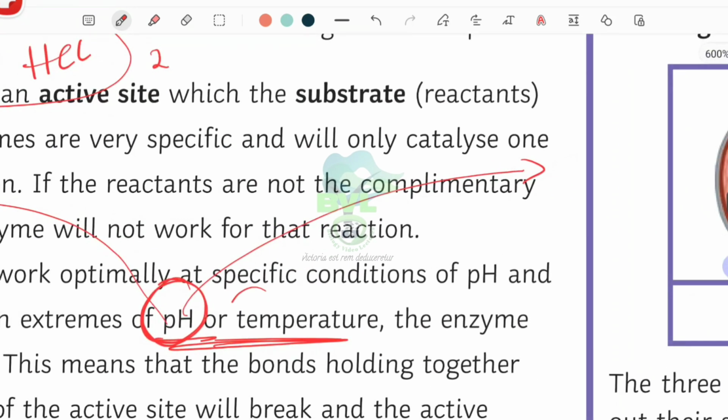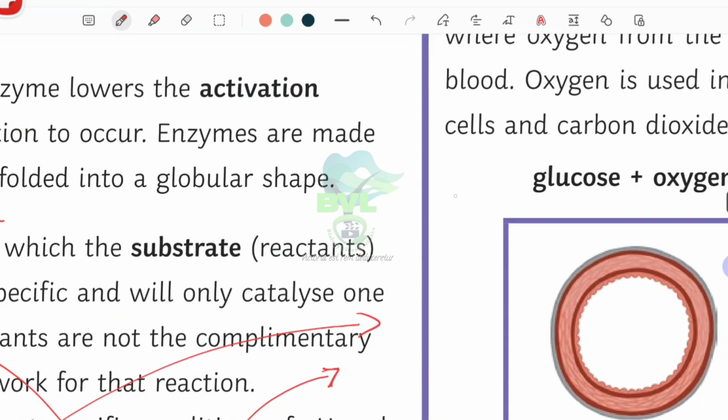Now, on the other hand, temperature: when the temperature is too high, the enzyme becomes denatured. When the temperature is too low, the enzyme and the substrate are less likely to collide, because according to the kinetic theory of matter, when there is temperature in a system, the molecules will be moving.